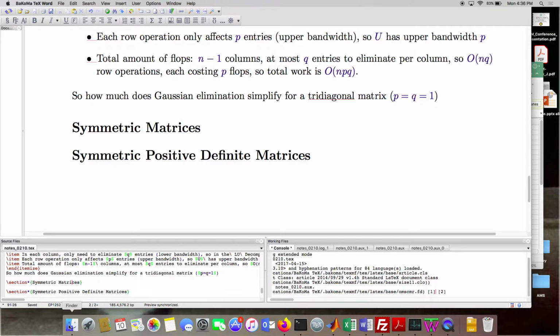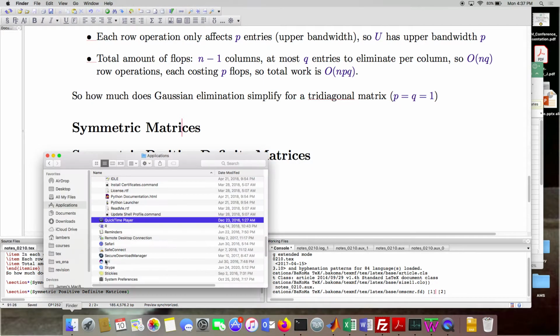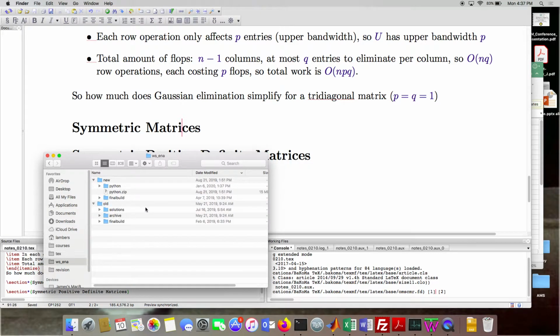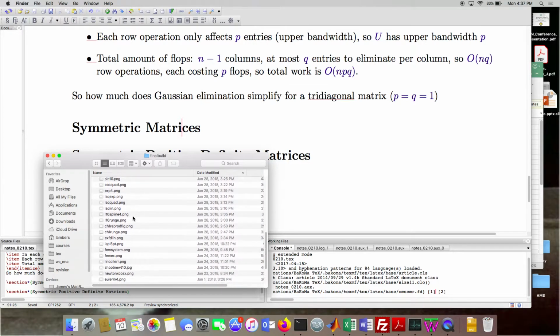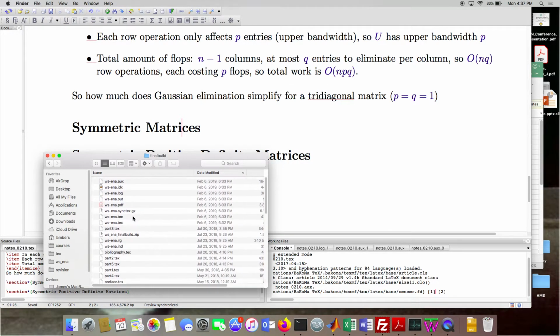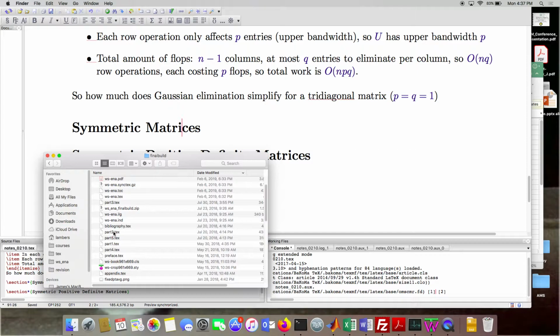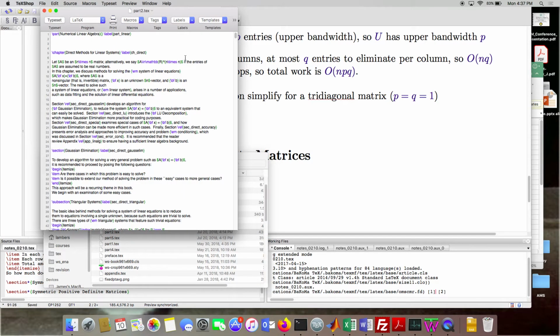I don't want to take the time to type out those algorithms, because that'd be kind of useless time for you. So I'm going to go into the LaTeX files for a book that I have here and copy them into my notes, since the notes are LaTeX also.